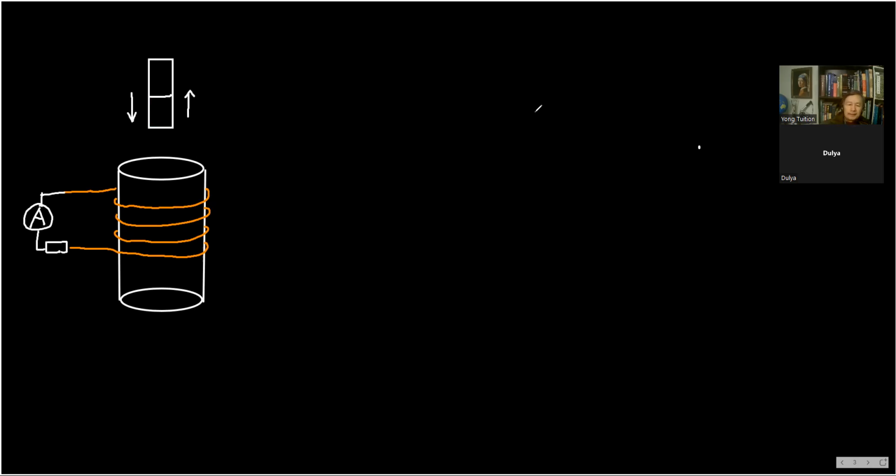This is equivalent. So this is a summary of what we have studied. First, we know that when you're moving downward, the current goes in that direction. Can you see? It is like a battery with this side positive.